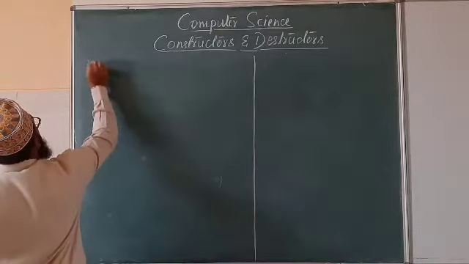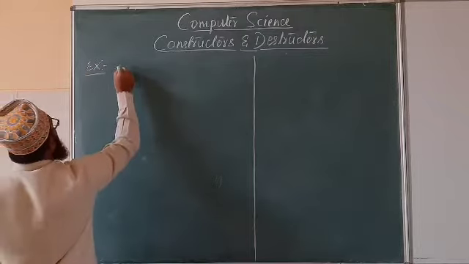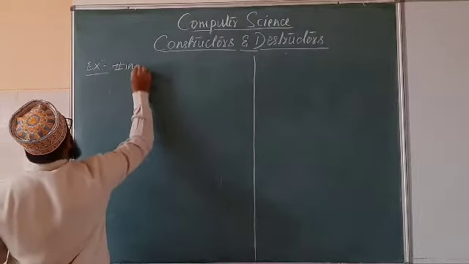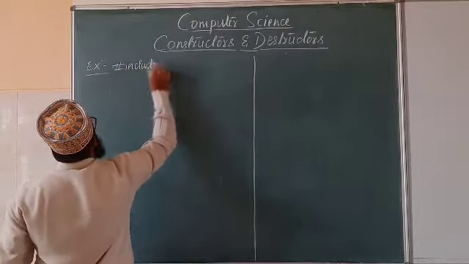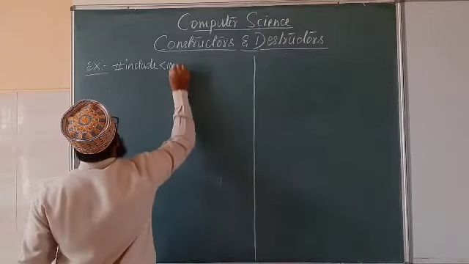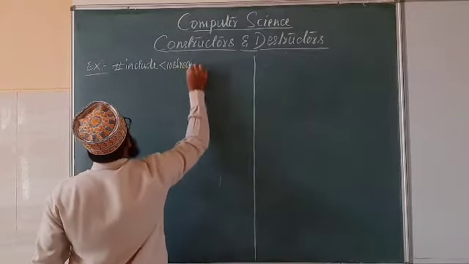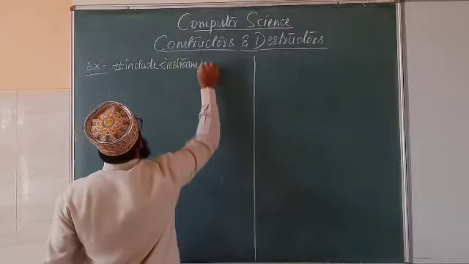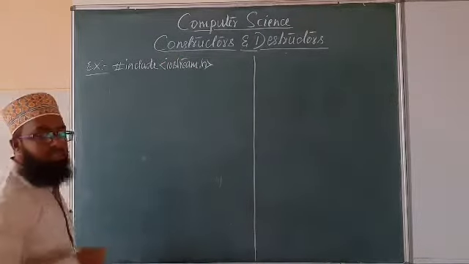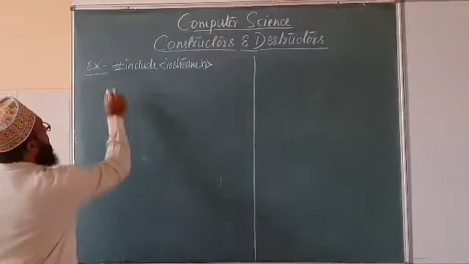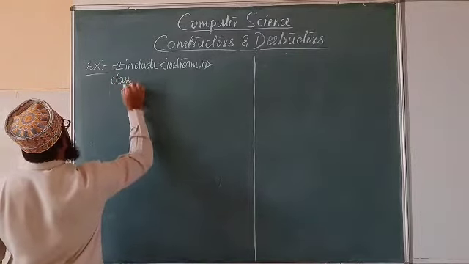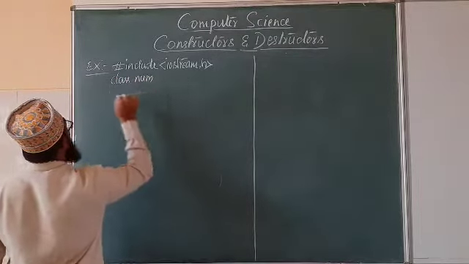Hash include iostream.h. Okay. Next is the class. What is the class name? That is Number. Right? Okay.